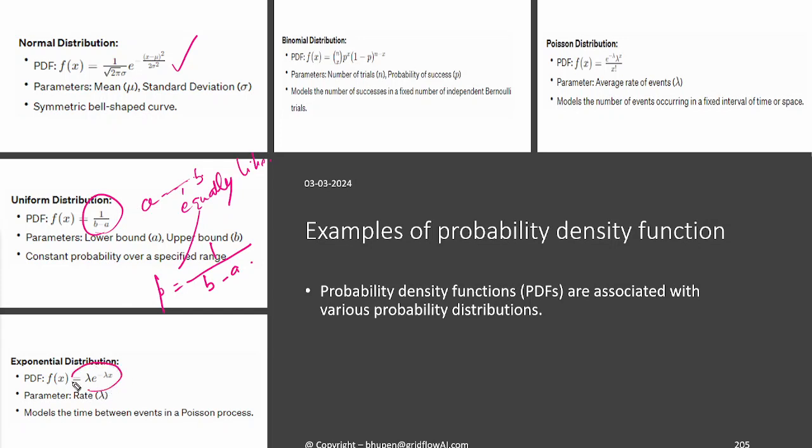Similarly, we have the exponential distribution. We'll talk about these specific distributions in another video series, but in this video, we'll talk about normal distribution and uniform distribution, along with examples where we use them. Likewise, the binomial and Poisson distributions are very popular examples. Each one of them will have a different shape of the curve.